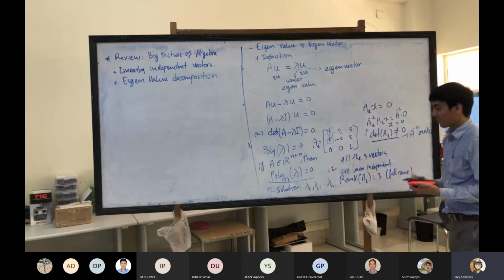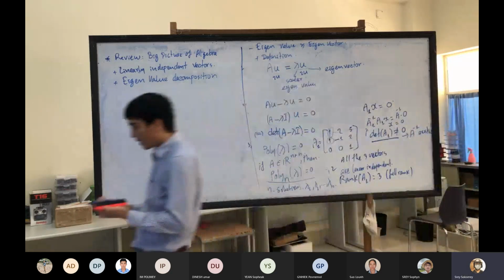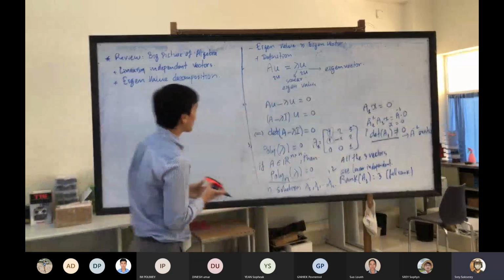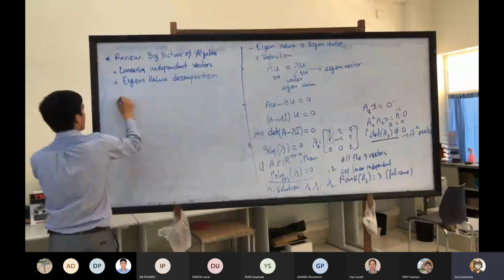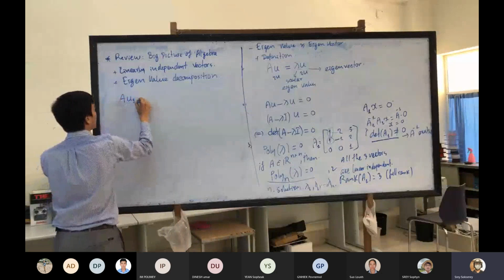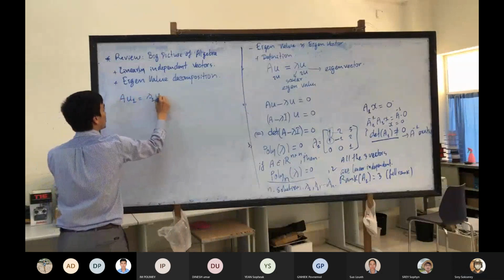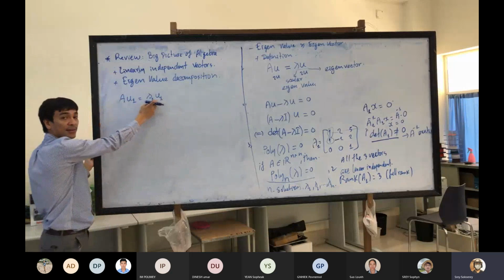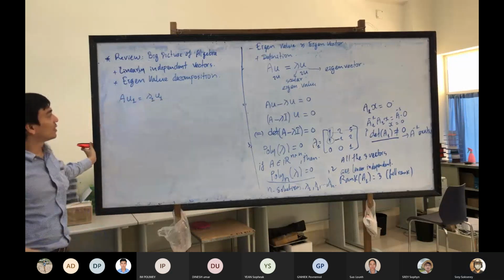Okay. So if we have all the lambda, then I can rewrite this one as A U1 equal to lambda 1 U1. So for each lambda we also have an eigenvector corresponding to this eigenvalue.